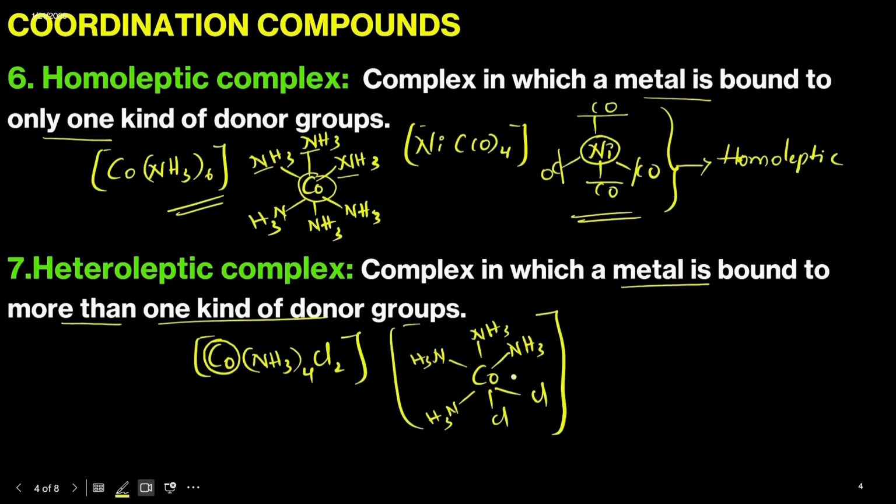So, in this coordination compound, the cobalt is attached to 2 different donor atoms. Okay, in the NH3 ligand, nitrogen is the donor atom, and in the Cl ligand, Cl is the donor atom. That means here the cobalt is attached to 2 different donor atoms. Therefore, it is a heteroleptic complex. We will take one more example.